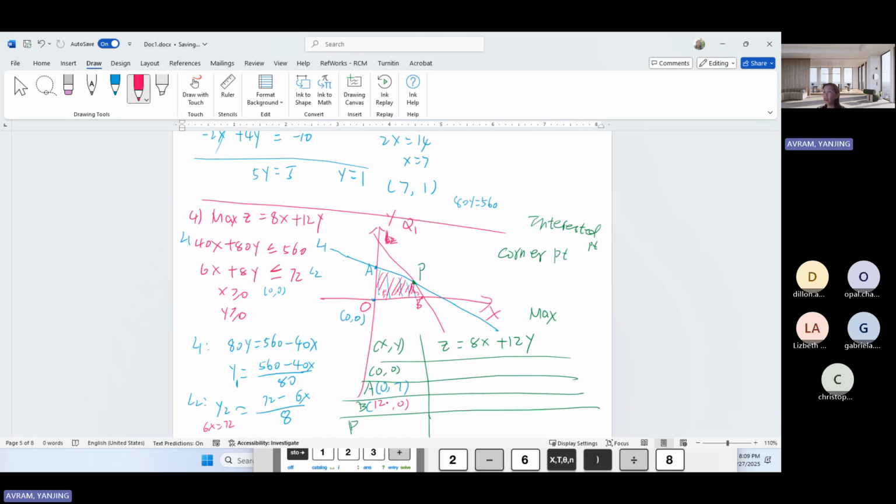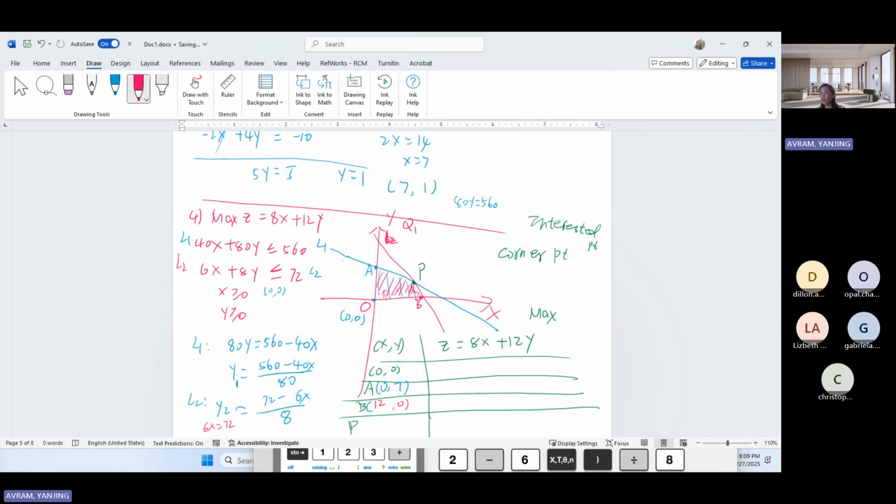Okay, so that is your point B. So you have to be very careful. Point B is L2 with the x-axis. L2 is right here, line 2 with the x-axis right here.